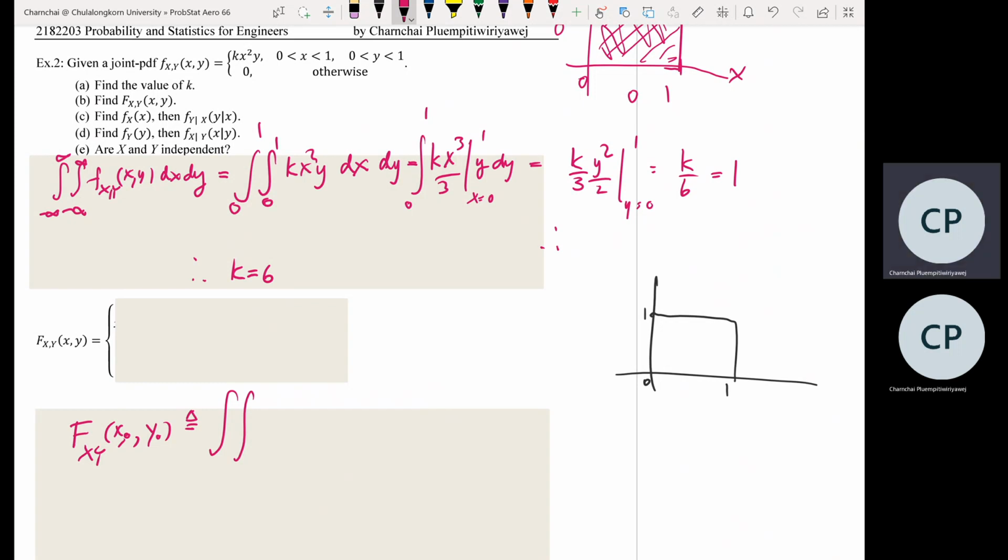What is this function called? The joint PDF. The integral of the joint PDF, dx from negative infinity to x naught, and dy from negative infinity to y naught.